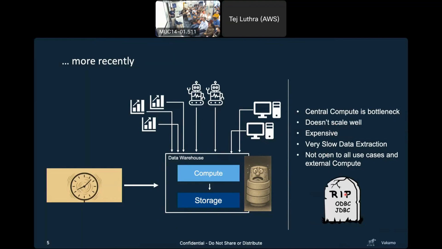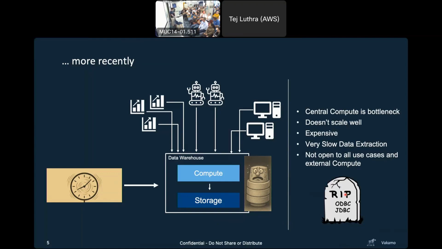Rest in peace, ODBC and JDBC. So we had these database protocols, right? They are serial. They are 30 years old, and approximately that's how fast they are. So they're super slow, which is absolutely fine for applications, for transactional systems. But using ODBC and JDBC is the worst you can do for a system that's supposed to ship a reasonable amount of data.